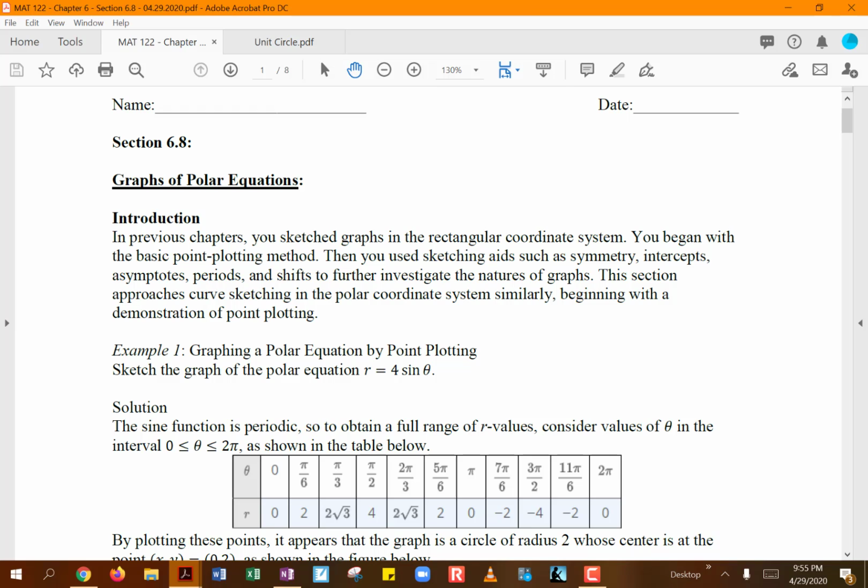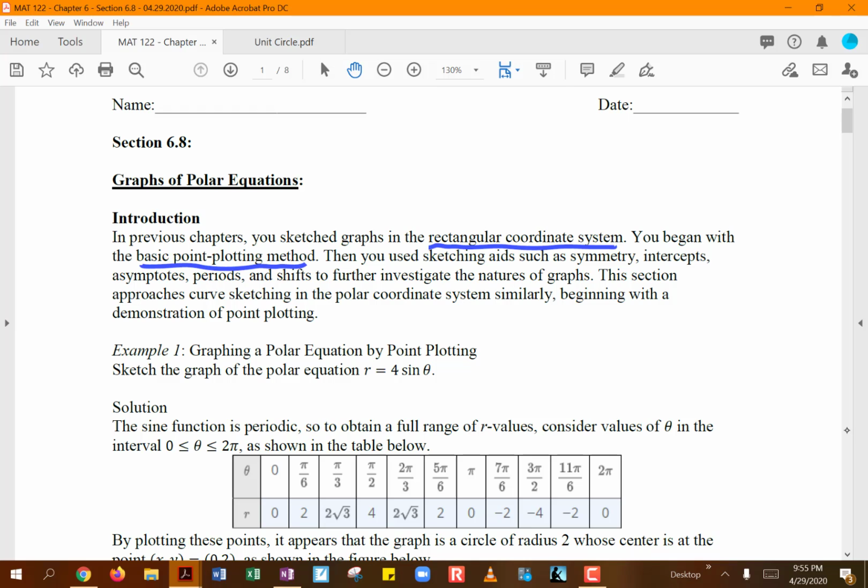So of course we have seen graphs that were sketched in our rectangular coordinate system before. Basically, when you were graphing your rectangular coordinate system graphs, we were using the basic point plotting method, right?